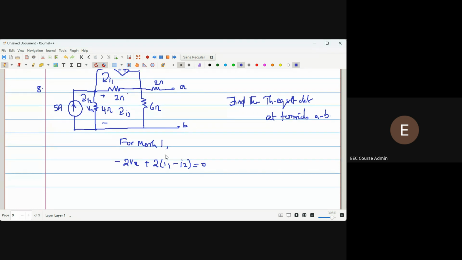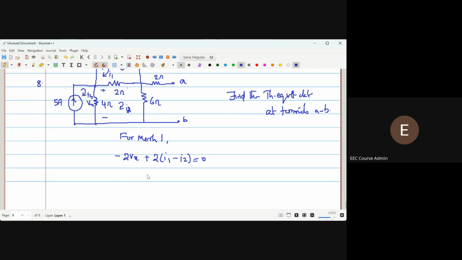So mesh 1 I have minus 2Vx plus 2 into I1 minus I2 equal to 0. Okay, fine, no problem. Or we have Vx equal to I1 minus I2.